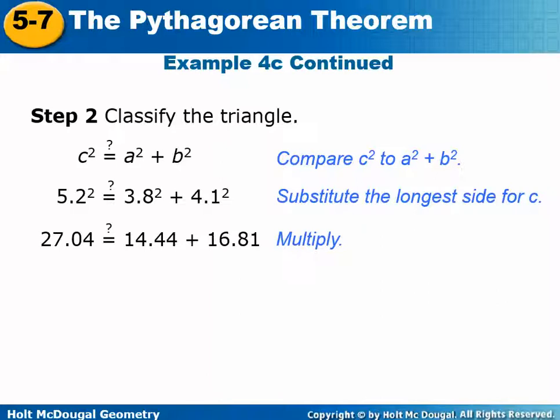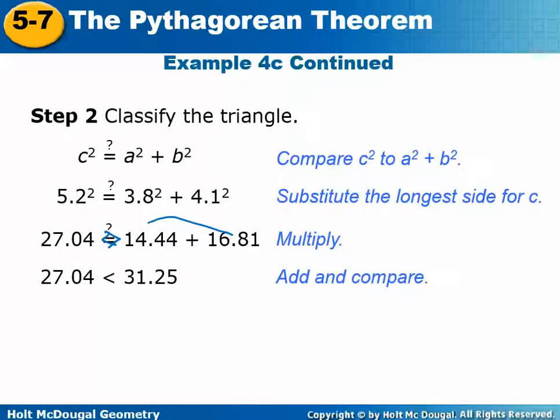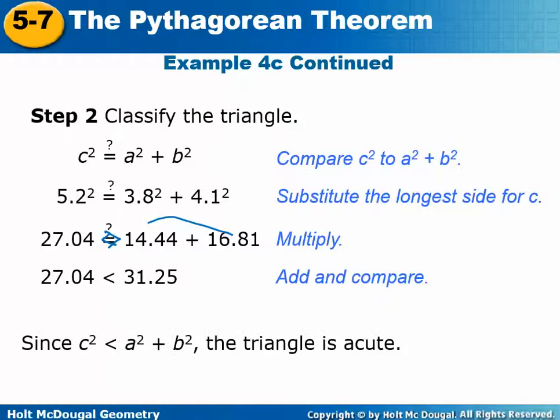And you get 27.04, and you want to see is that equal, less than, or greater than these two numbers added together. So when you add these two numbers together, you're going to get something bigger than 30, like 31. And 27.04 is less than 31.25. So therefore, this is an acute triangle.